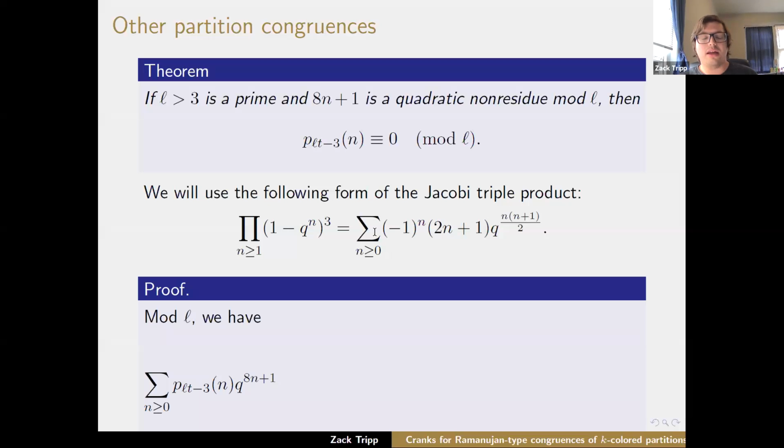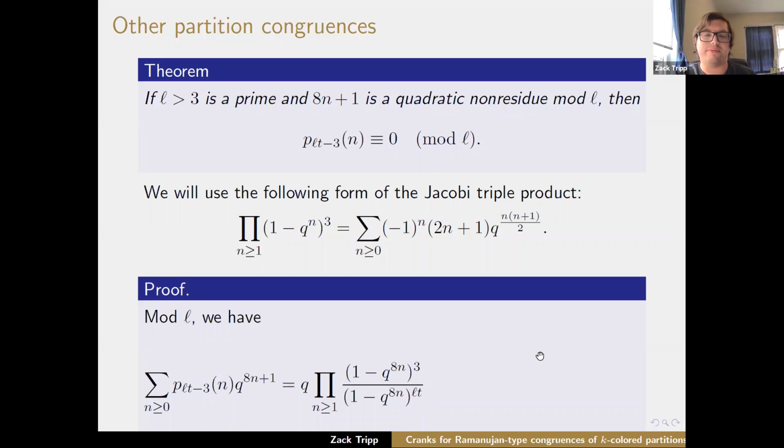So mod L, what we're going to do to prove this theorem is look at what's essentially the generating function for P sub K, where K I'm thinking of as LT minus 3 here. We rewrite it using the definition of the generating function. If we put this 3 in the bottom, we would have just 1 minus q to the 8n, because we plugged in a q to the 8 here essentially, to the k.